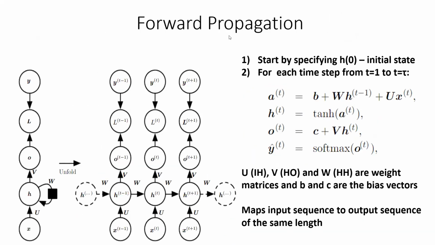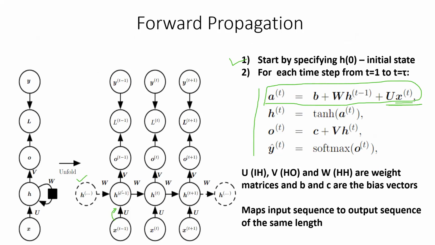This is a very basic set of formulas which will help you understand how the feed forward phase happens. You start by specifying the initial state, which is this one. Then first you calculate this one, which is pretty simple to understand. The input x_t gets multiplied by the vector U, so it's just a dot product.